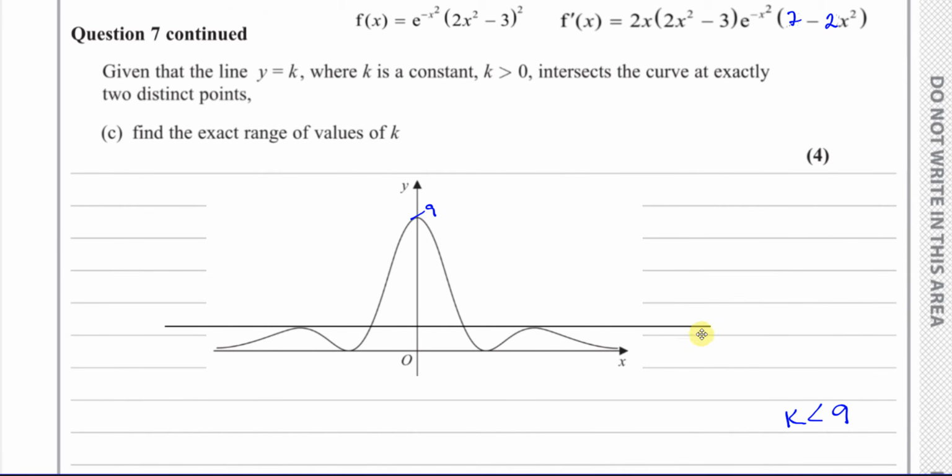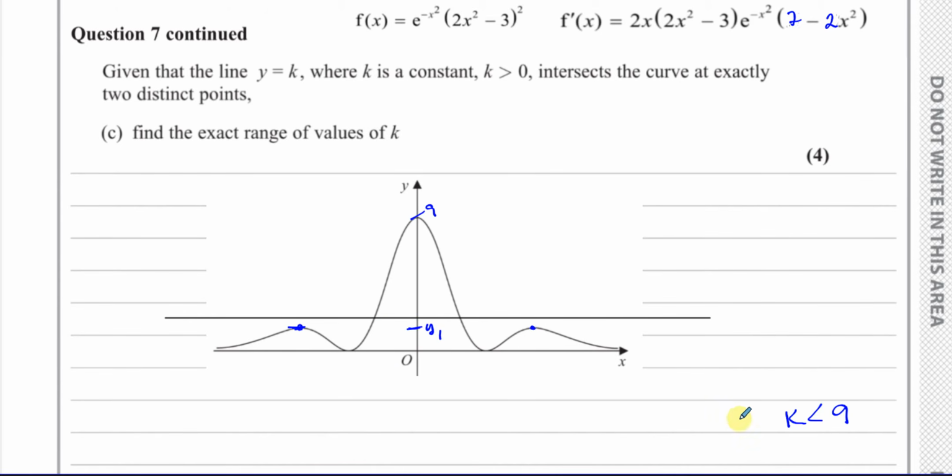It has to be exactly 2 distinct points, so it has to be above this value. We've got to find the value of this point or this point, either one of them. If we find the y value of that point, that's going to be the lower limit. So we've got to find the y coordinate of this turning point.